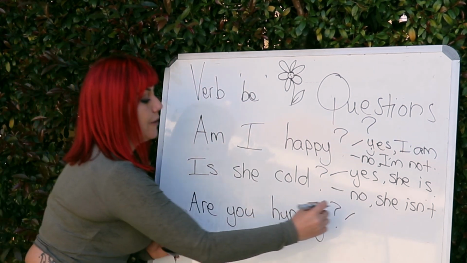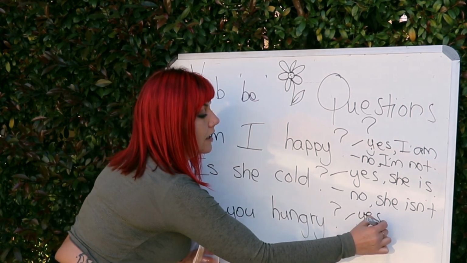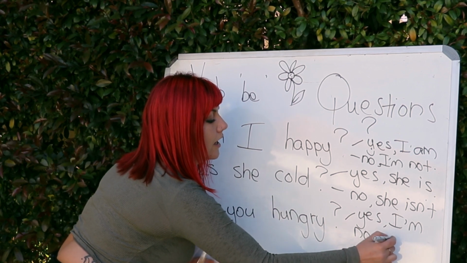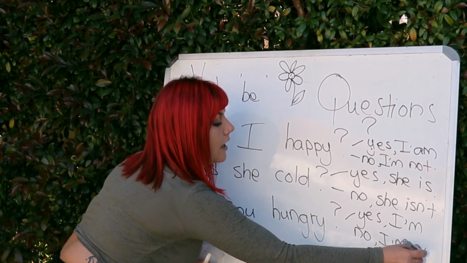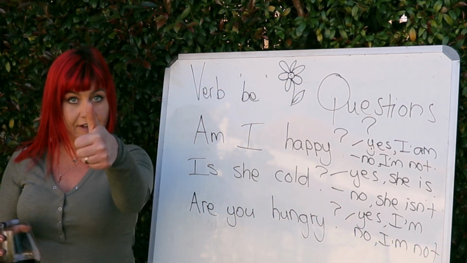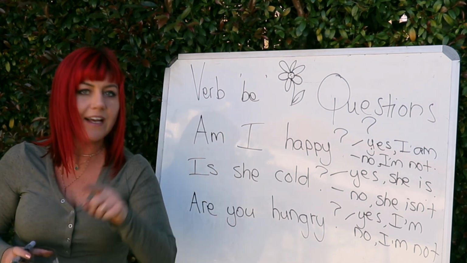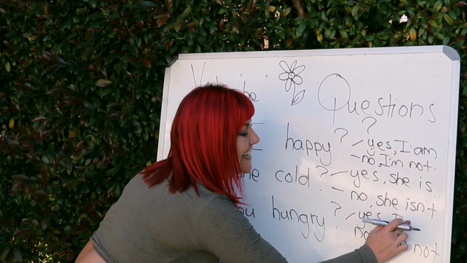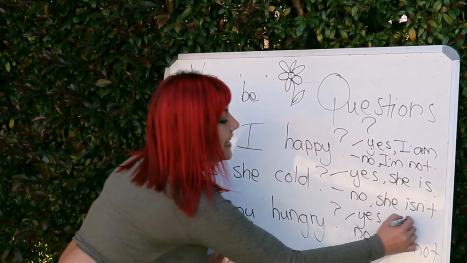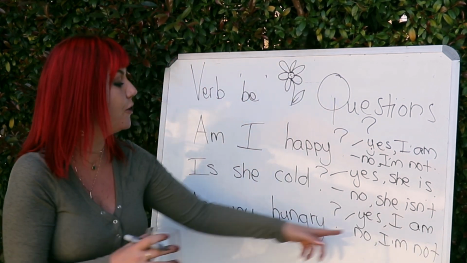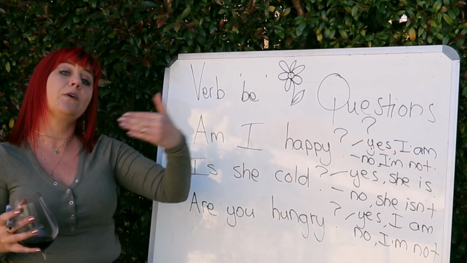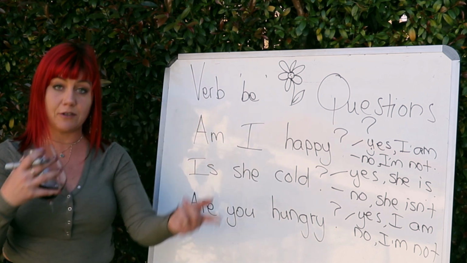So are you hungry? We do not contract in the positive. Yes, I am, or no, I'm not. You're asking about yourself because somebody is asking you a question, so you will answer about yourself.